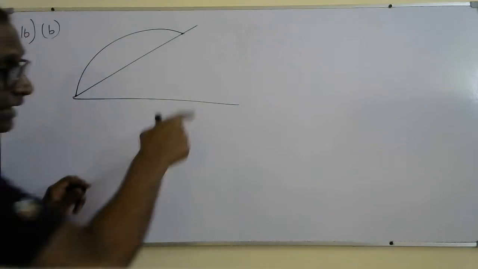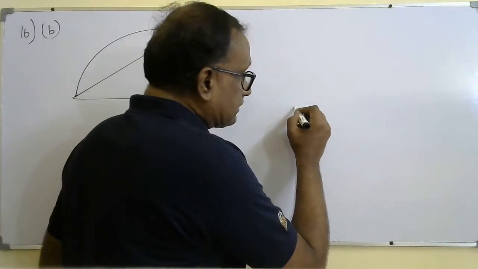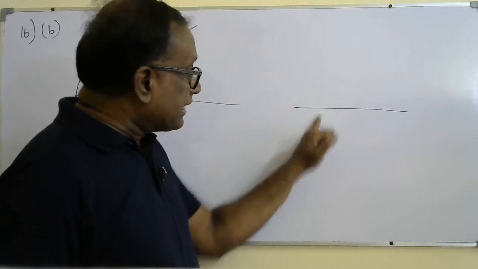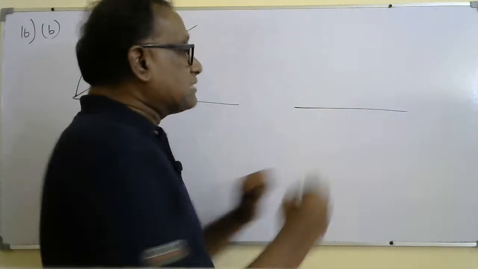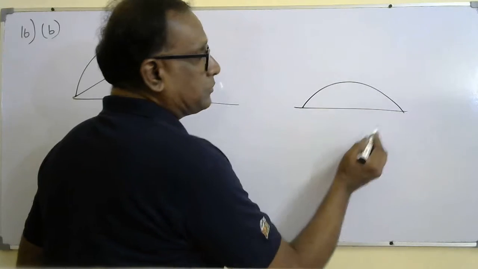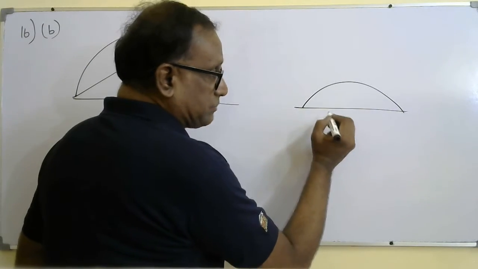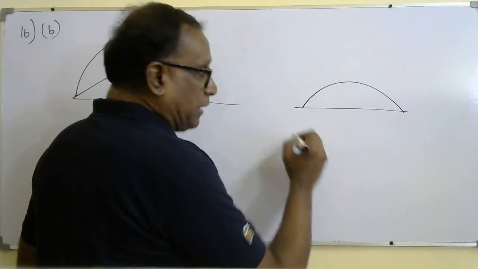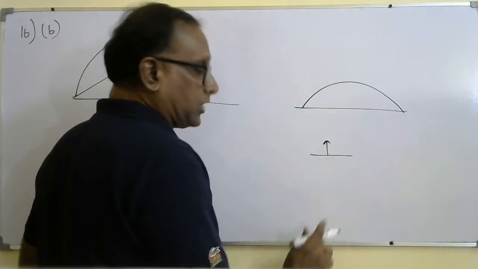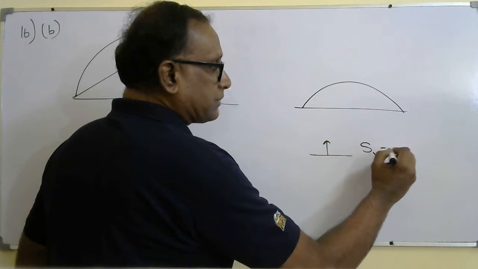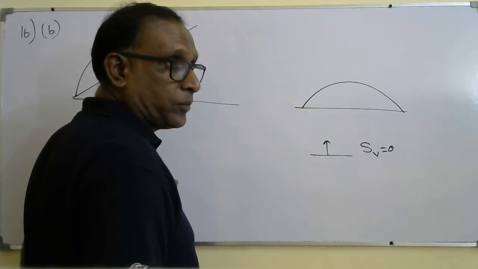I told you, when the projectile is from a horizontal floor, we consider perpendicular to the horizontal line. The displacement in the vertical direction, which is perpendicular to the horizontal direction, equals 0 when it completes the motion.